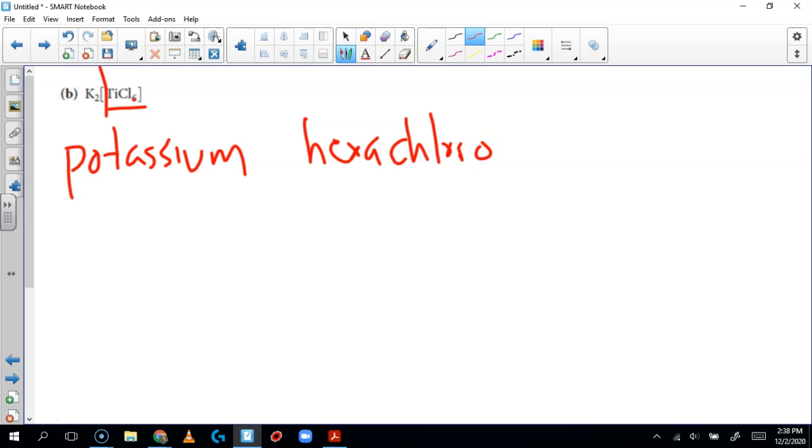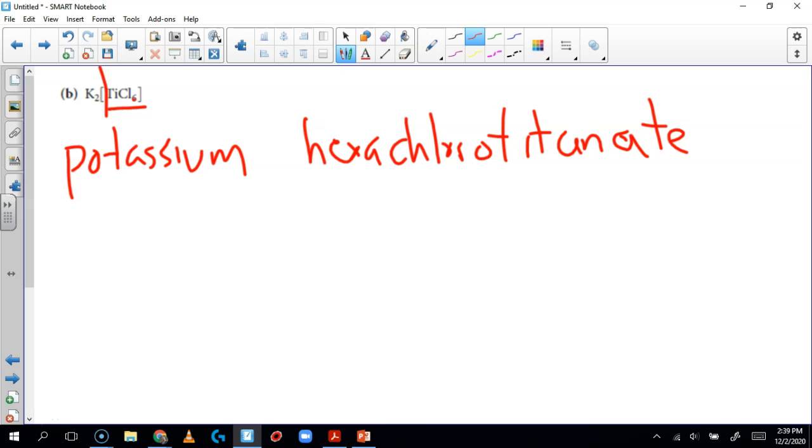And that's titanium. Remember, when the metal is part of the negative side, the anion part, it has to end in -ate. So titanium turns into titanate. Now we need to figure out what the charge is on this thing.